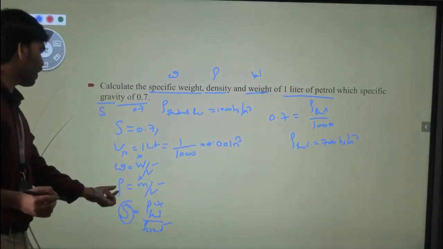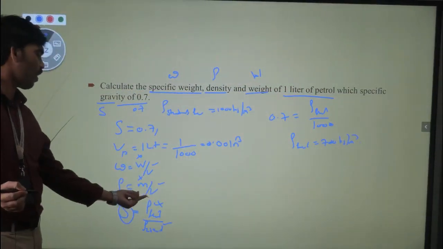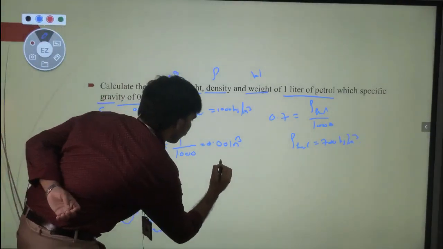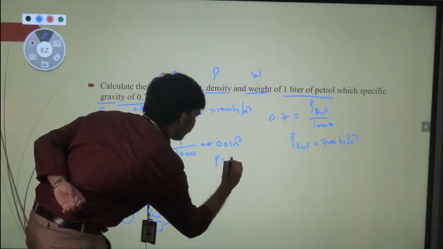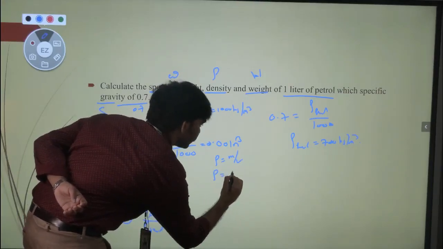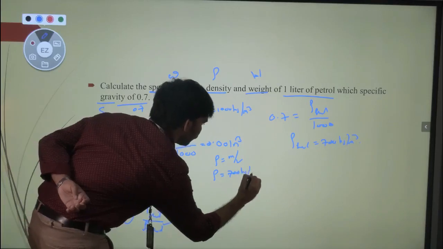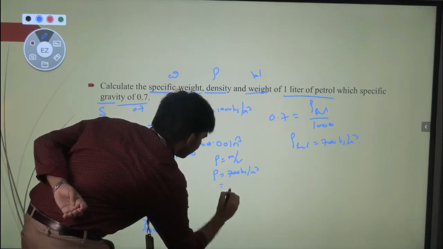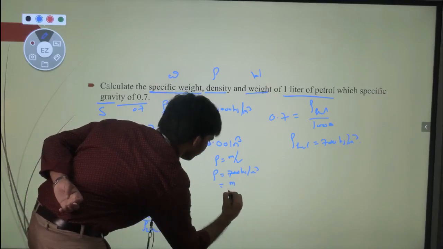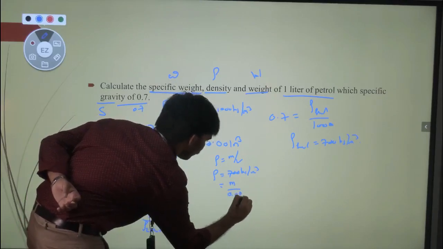Now you know the density of the fluid and you know the volume, so you can calculate the mass. Rho is equal to m by v. Rho is 700 kg per meter cube, and the mass is what you need to find out, by volume 0.001.